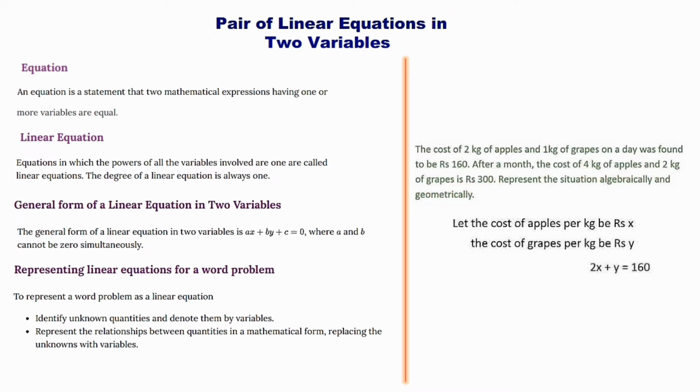Means 4 into per kg value x, then 2 into per kg value y. So 4x plus 2y is equal to 300. So these are the two equations we have formed. And we have learned different methods for solving these equations, and you have to solve these equations and find the values of x and y.